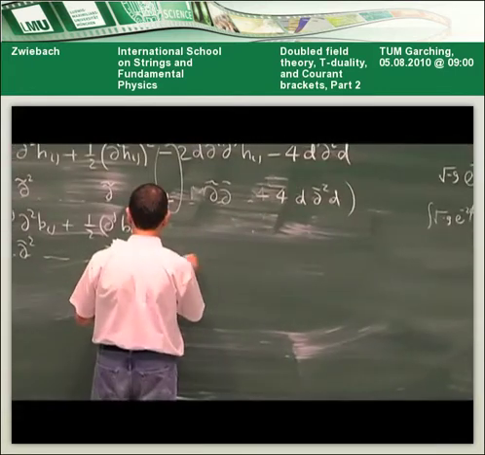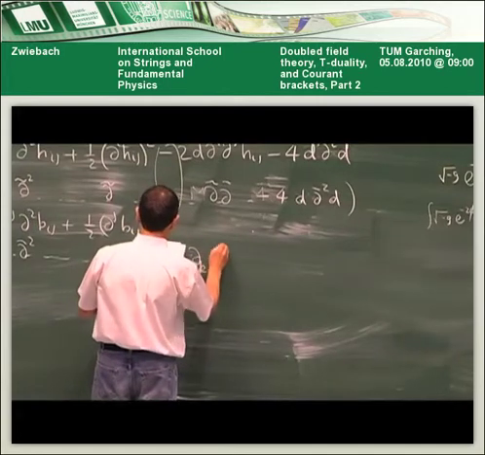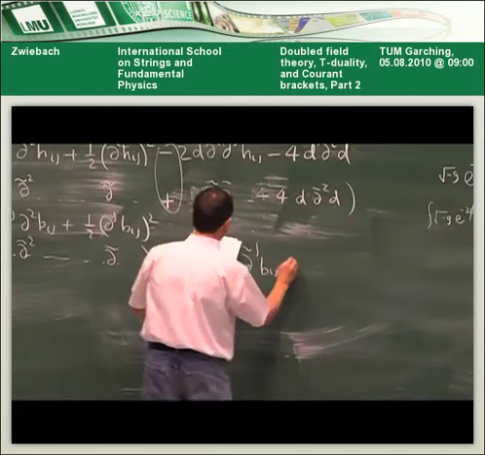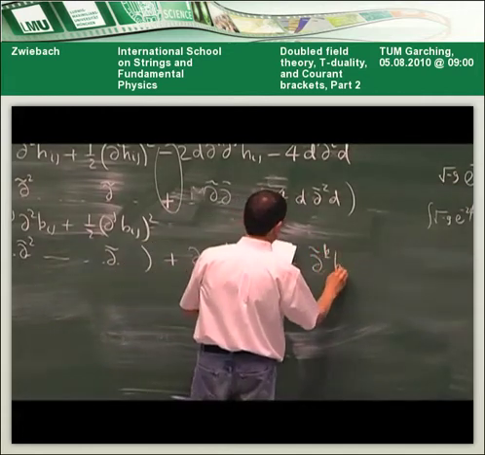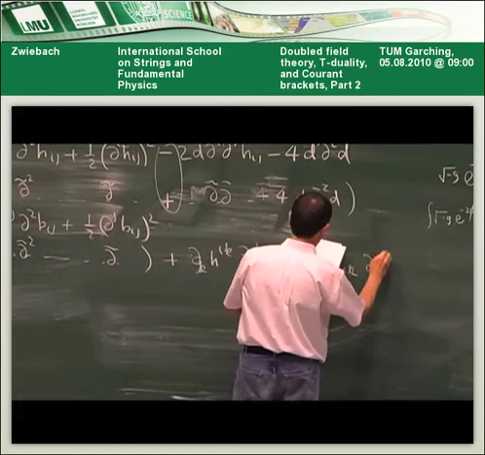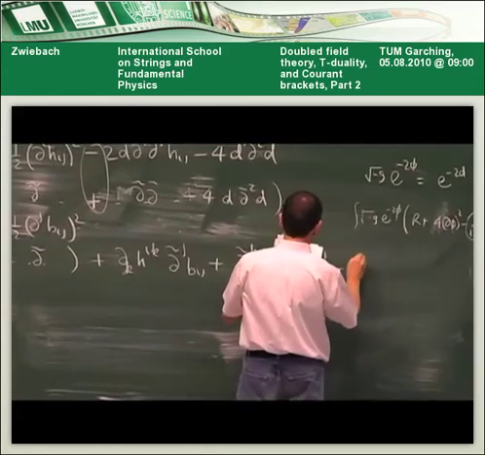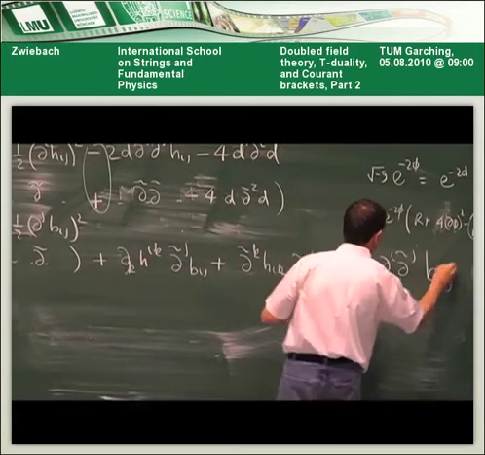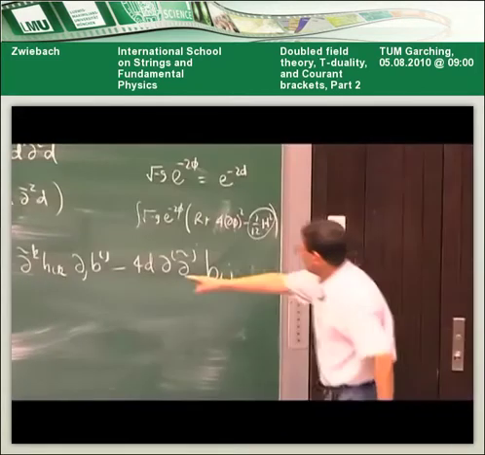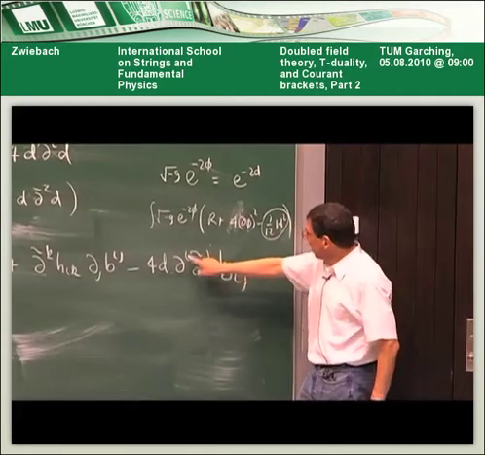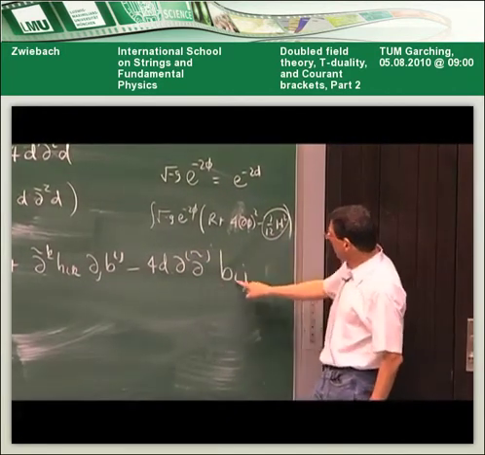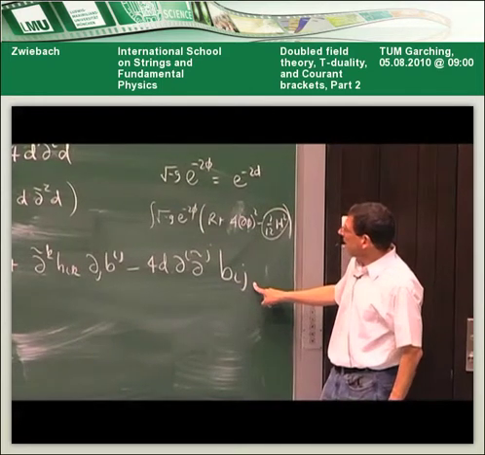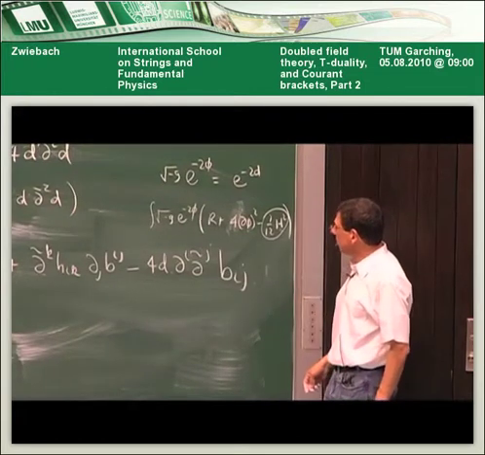There are three terms: d_k h_ik d tilde_j b_ij plus d tilde_k h_ik d_j b_ij minus 4d d_i d tilde_j b_ij. Look how crazy. This is a term that you would not see unless you keep both kinds of derivatives.